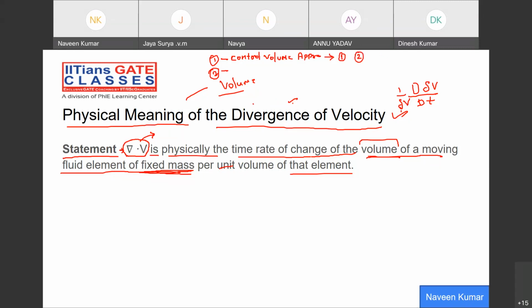But for the second case, it is moving with the fluid, and whatever the fluid element at time t, the same fluid element, the same mass, would be there after time delta t, right? So we want fixed mass. Can we take this second approach? Can we consider the second model for this particular case?